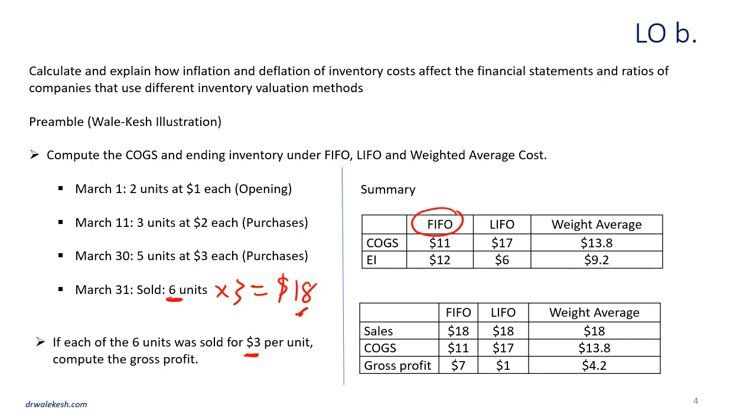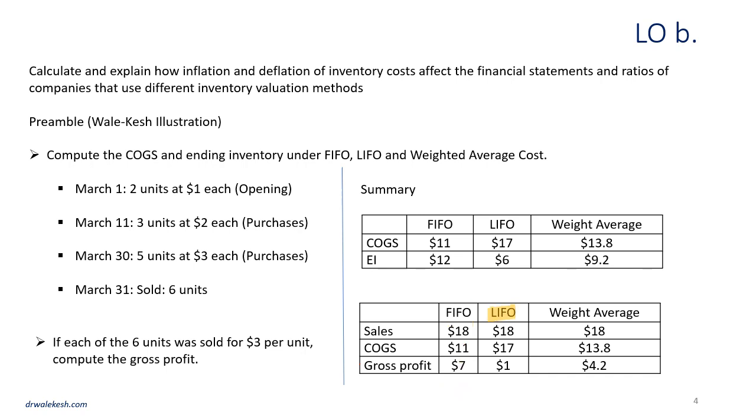So whether you are using FIFO, LIFO, or weighted average costs, the revenue or the sales will be the same across board. The cost of goods sold is this. To compute the gross profit under FIFO, it would be the sales minus cost of goods sold, and that is 7.